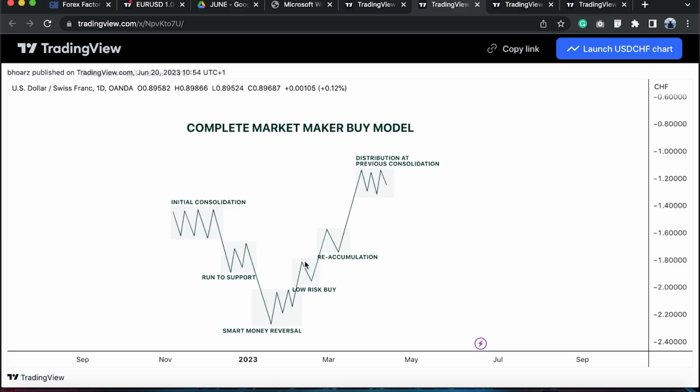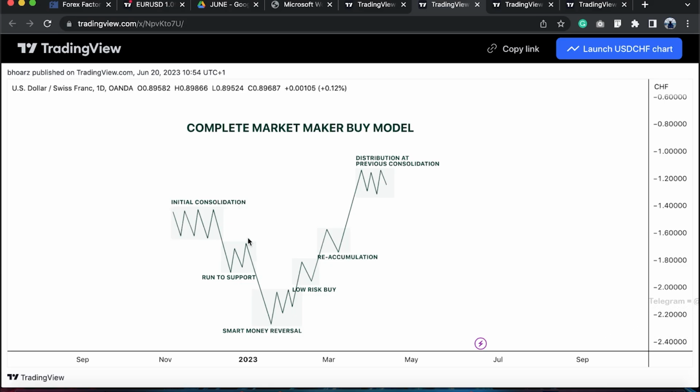It could be a false head and shoulders, or hidden divergence with an indicator. Then the market will aggressively run for this consolidation, reaccumulate inside this old price range, then expand for the original consolidation where existing retail sell stops will be resting.